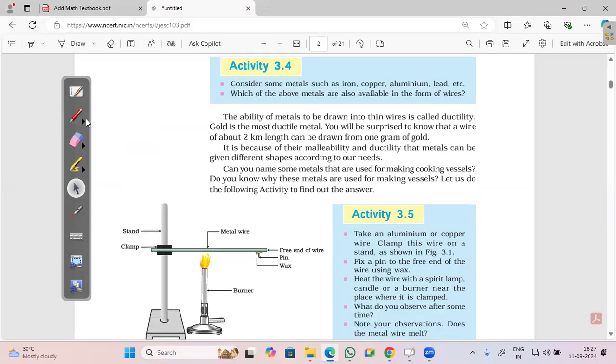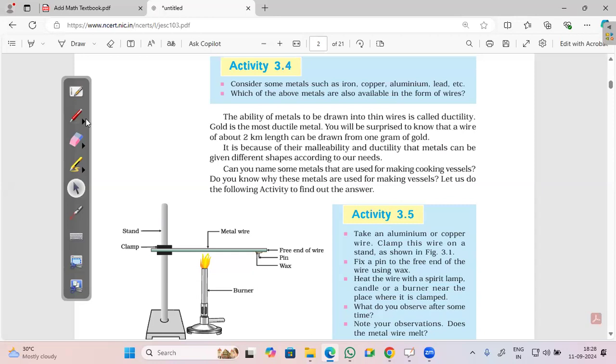Okay, so we use metals for vessels. Which property do we use? Sir, your voice was breaking. Can you repeat it? See, we use some metals for making cooking vessels. Like we use copper, aluminium, and iron for making cooking vessels. Which property of the metals do we utilize there?